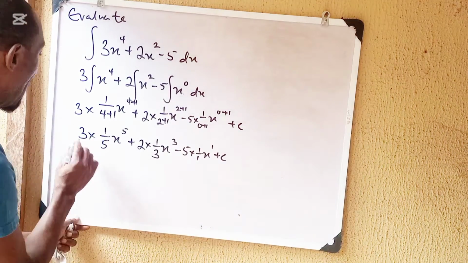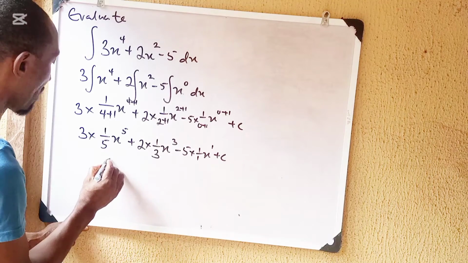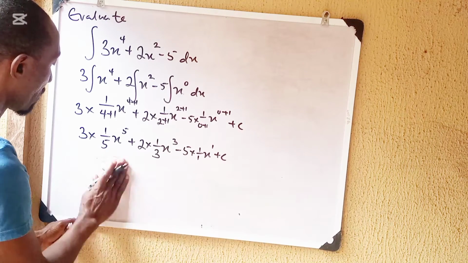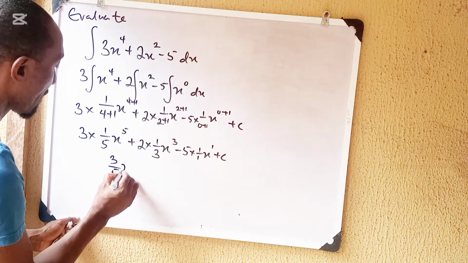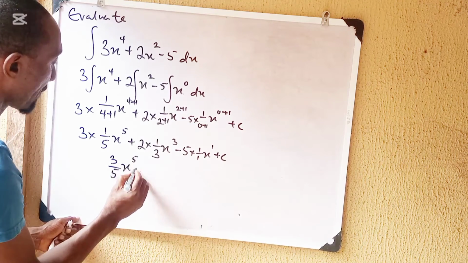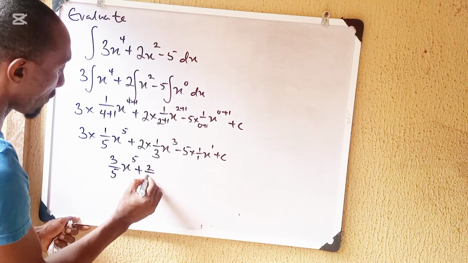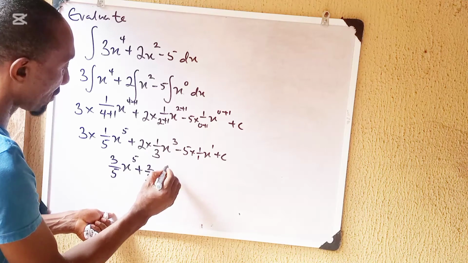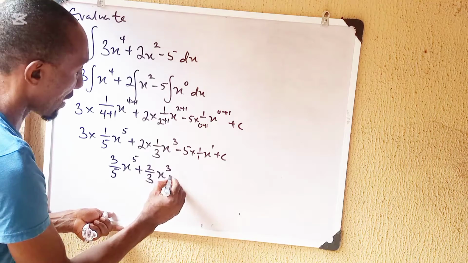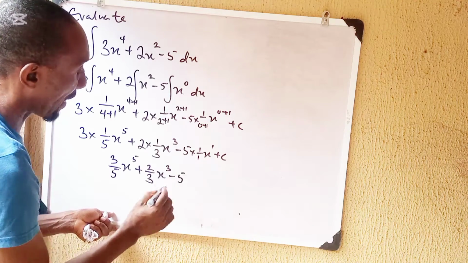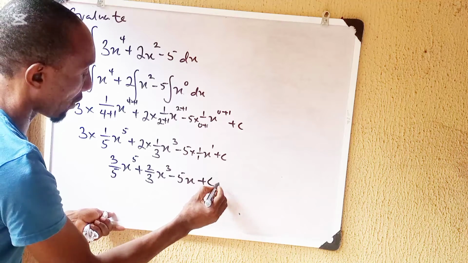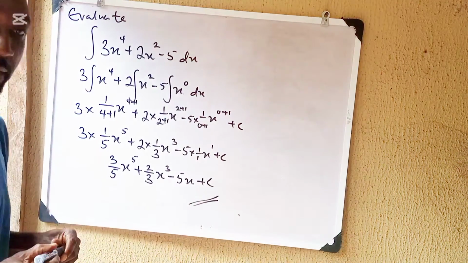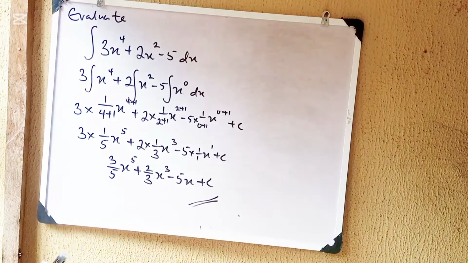When we multiply further, this gives us 3 over 5 x to the power of 5, plus 2 over 3 x to the power of 3, then minus 5 x to the power of 1 if you like, then plus c, and you have integrated.